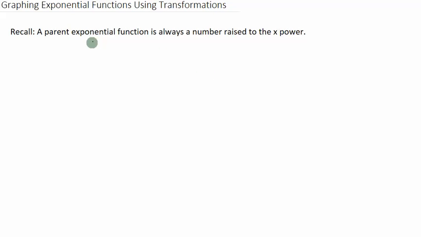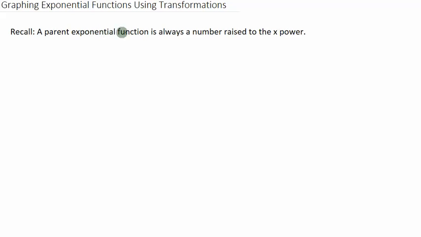Okay, so the first thing we need to do when graphing with transformations is identify a parent function. But let's get an example of a transformed function here, and then we'll try to identify the parent function. And specifically for exponential functions, the variable x is always a power. It's in the exponent.